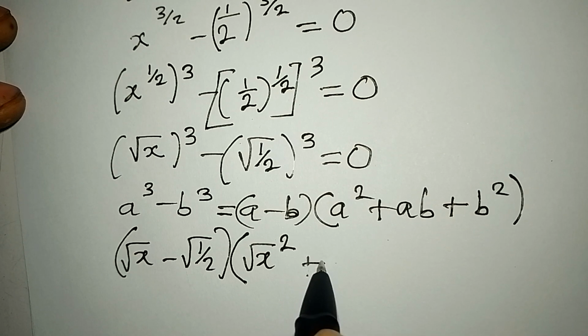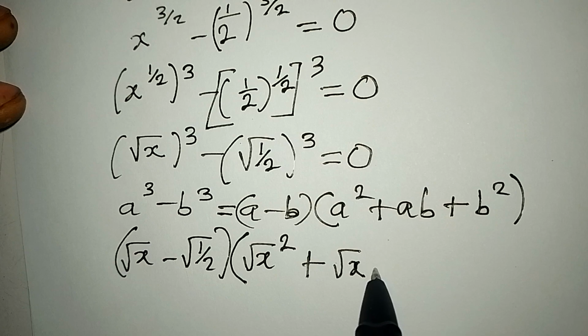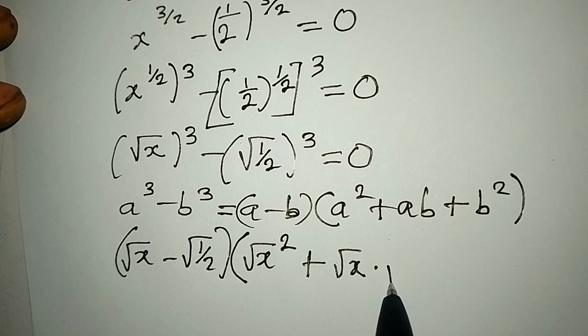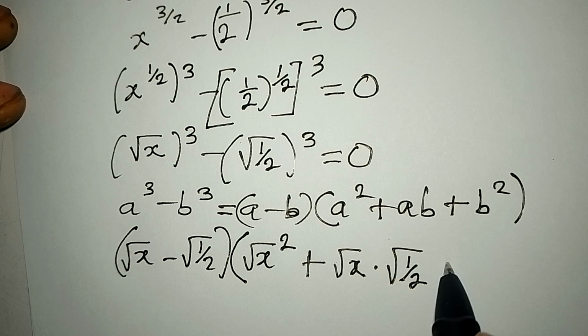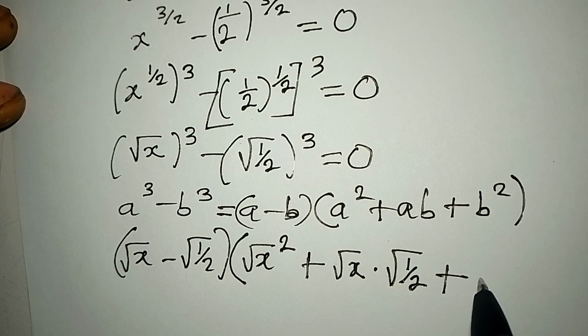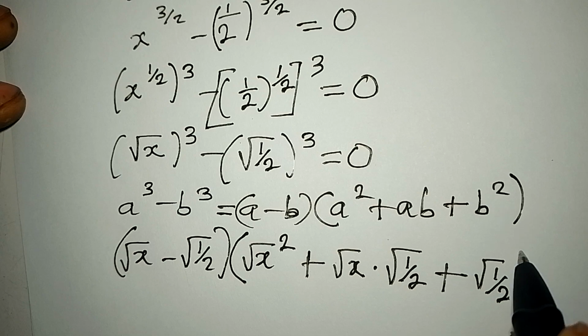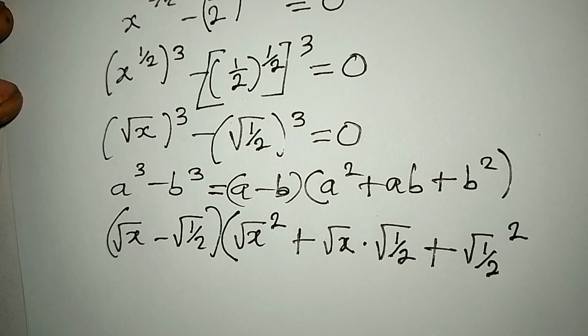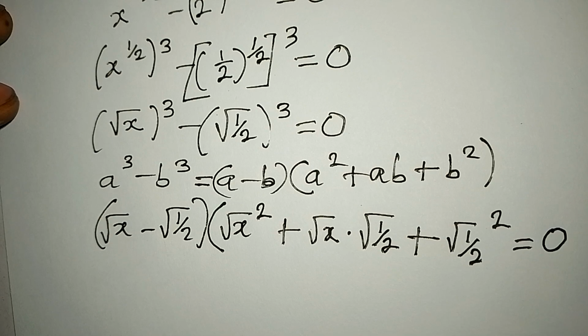Then plus, we have ab, right? a is also root x. Then multiply by b, and our b is root 1 over 2. Now we have plus b squared, and our b is root 1 over 2. So this will now be squared. Everything here is equal to 0.